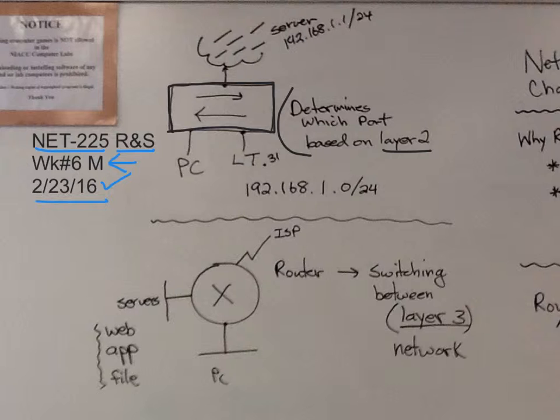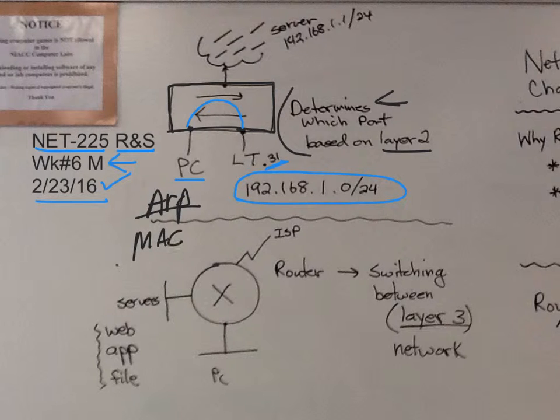Based on layer 2, the switch determines which port the information can be sent out. So for example, if this PC is communicating to this PC using an IP address, let's say this one's 31, this PC could ping that number. It would do an ARP and get the MAC address.